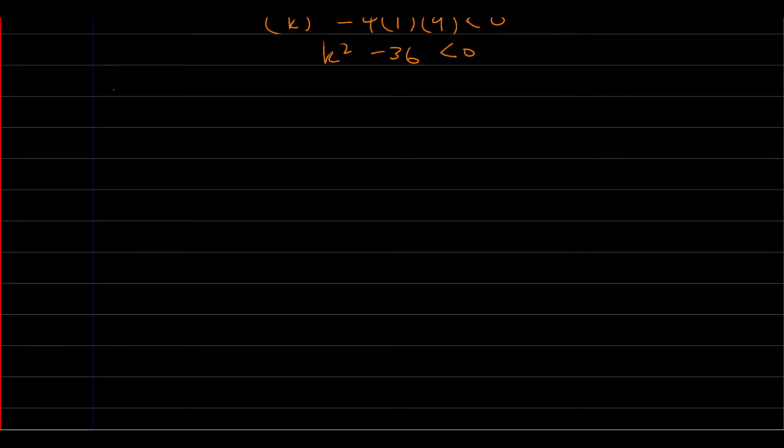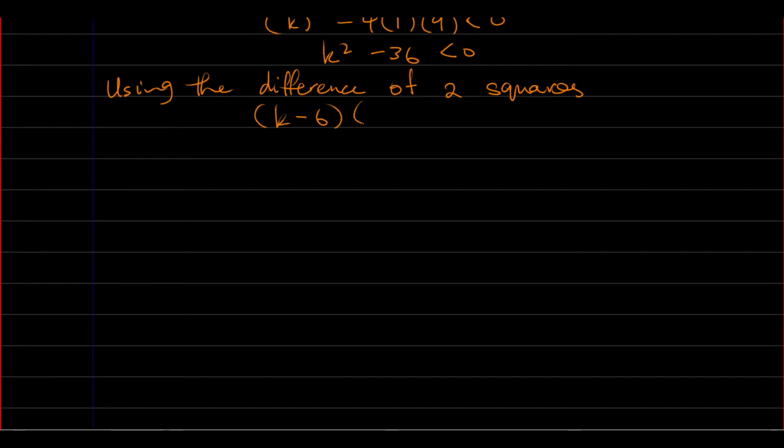So using the difference of two squares, we can get that k minus 6 times k plus 6 must be less than 0.